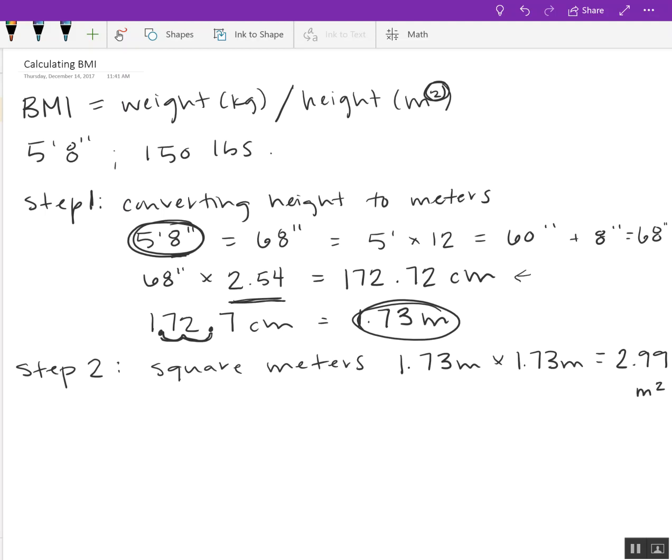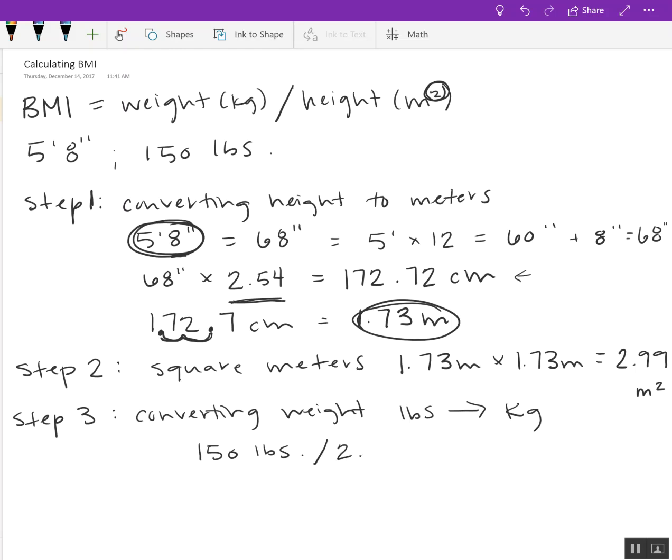Step 3 is converting weight from pounds to kilograms. In this example, we have 150 pounds, and all we have to do is divide that by 2.2.